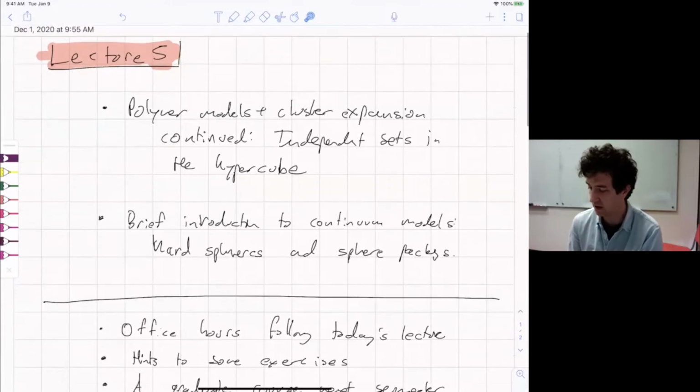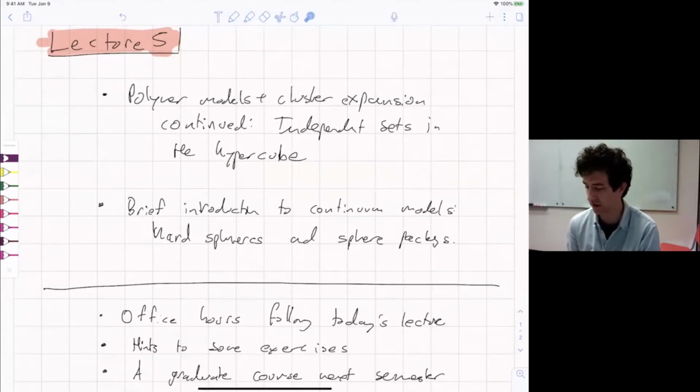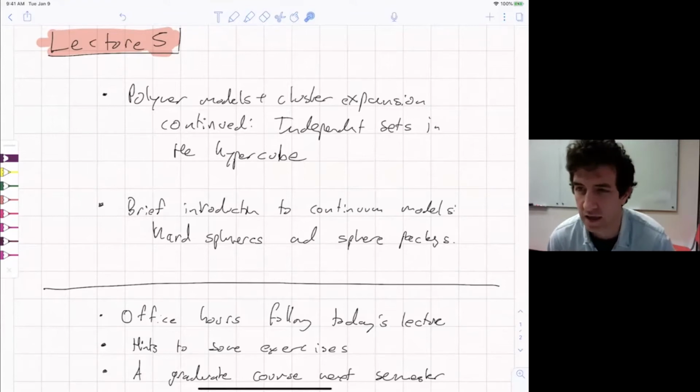And then I'll close the lectures with just a very brief introduction to continuum models. Models in which points live in, say, Euclidean space and interact. And here, much less is known. And I just want to describe two of the important open problems, both combinatorial and probabilistic, in this direction.